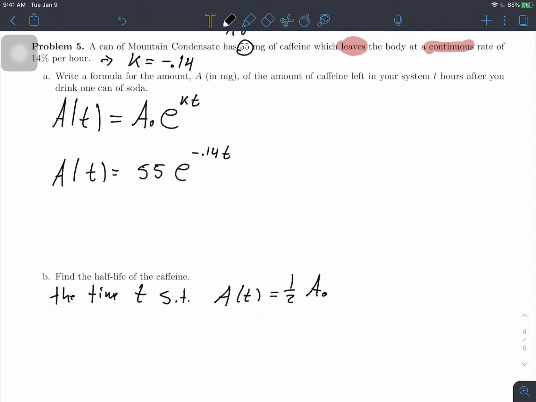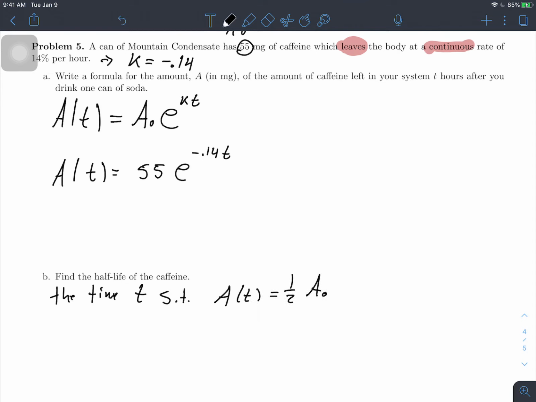Well, A0 was 55, so that means 27.5. So 27.5, that's A of T. That can be set equal to the right-hand side here, where T is still unknown.